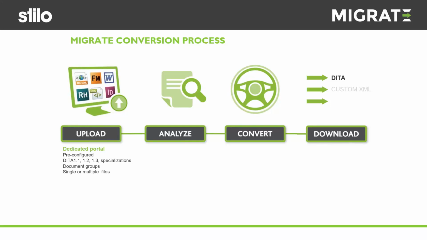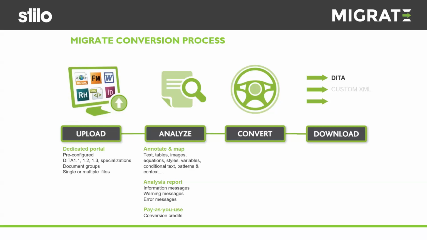Next, Migrate will analyze your document, creating an intermediate XML format that maps your styles, processes your tables, handles your equations, as well as looking at your conditional text, patterns, and context matching. These characteristics identified through this analysis are then annotated and mapped to the target DITA.